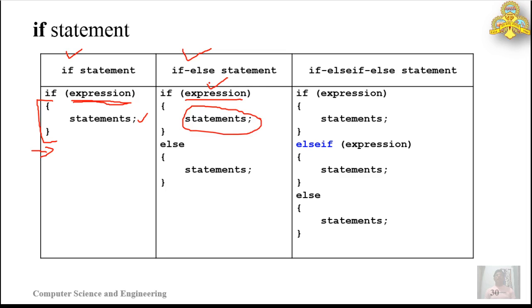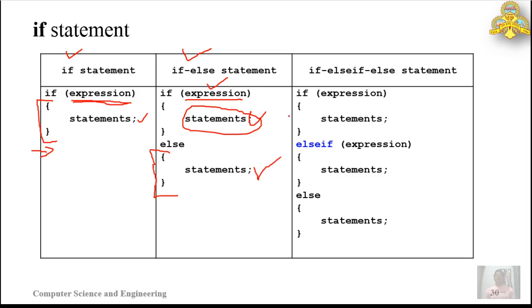If the expression evaluates to false, then the group of statements or single statement enclosed between a pair of braces after the else keyword will be selected for execution. So either this statement group or that one will be executed.